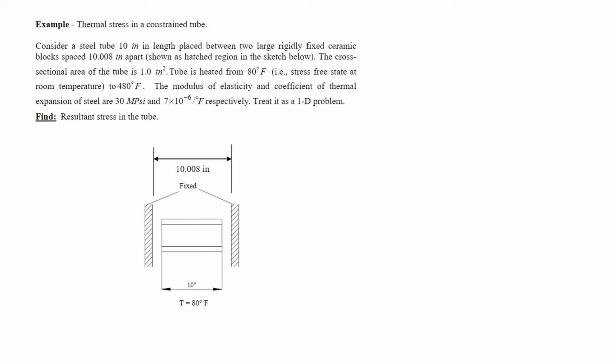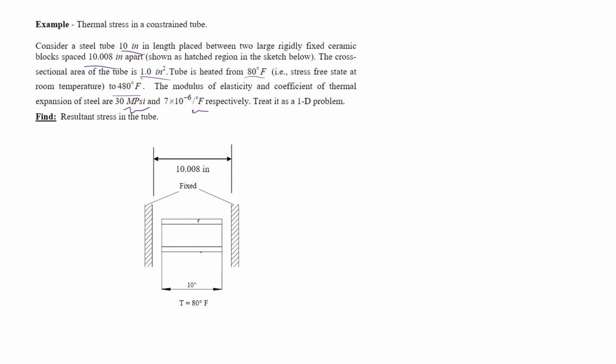So for our first one, we have a constrained tube. A steel tube is 10 inches in length, placed between two large, rigidly fixed ceramic blocks separated by that far. As shown in the region below, the cross-sectional area of the tube is 1 square inch, and it's heated from 80 to 480 degrees. Now, we're going to be dealing with English units here, which is annoying, but fortunately, our constants are in pounds per square inch and Fahrenheit, so we don't need to worry too much about it.